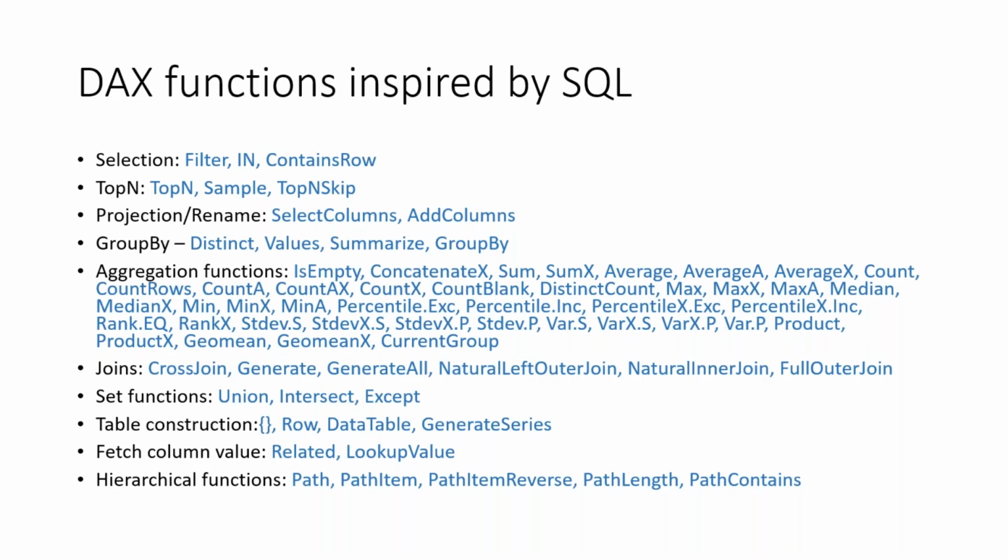For example, if you want to represent an organizational hierarchy, many tables only have two columns: the employee ID and the manager ID. But in order to generate a report, you want to flatten it out so that you can see the hierarchical levels from the CEO all the way down to the individual contributors. So those functions are for those purposes.